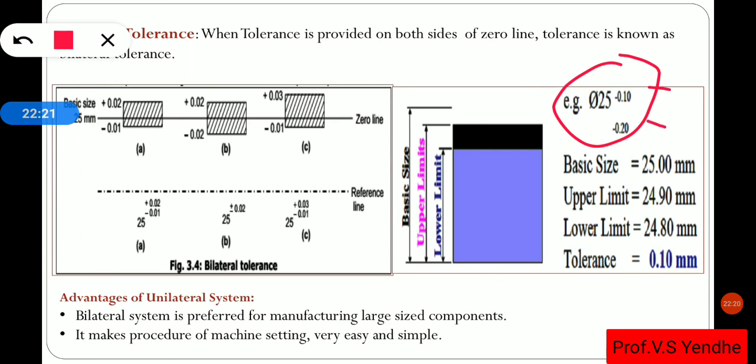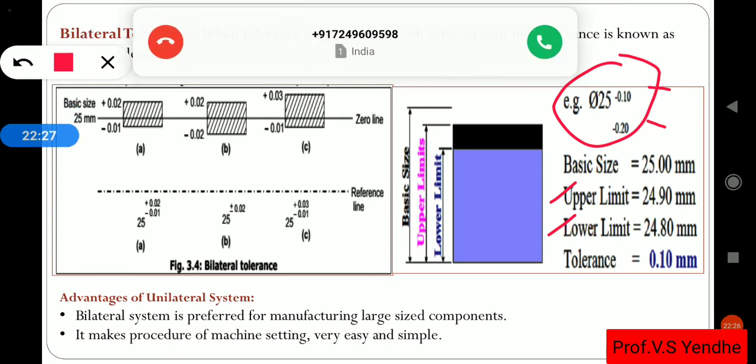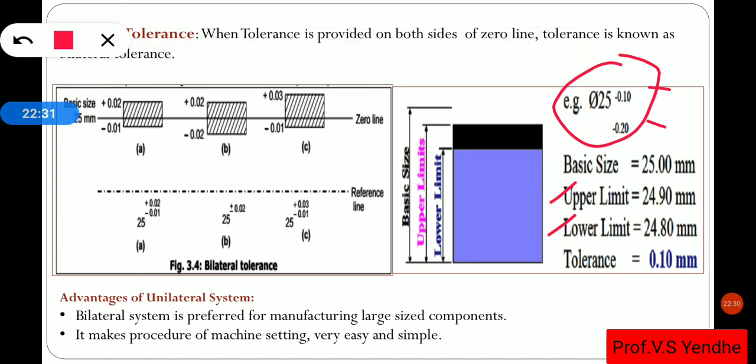So upper limit and lower limit after calculation we will get 24.90 millimeter and 24.80 millimeter.